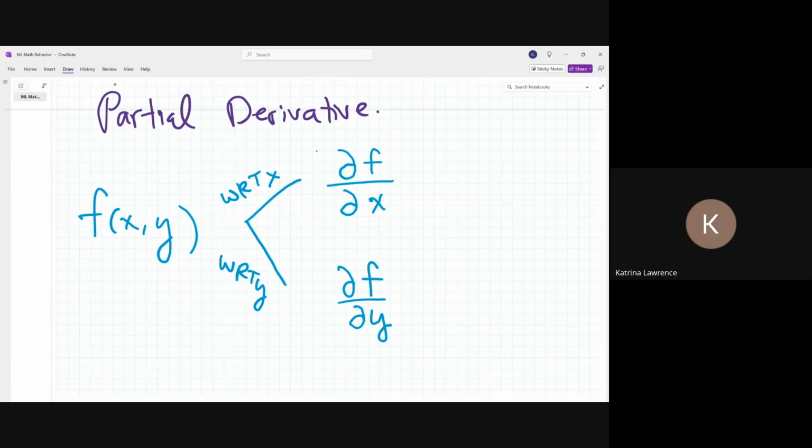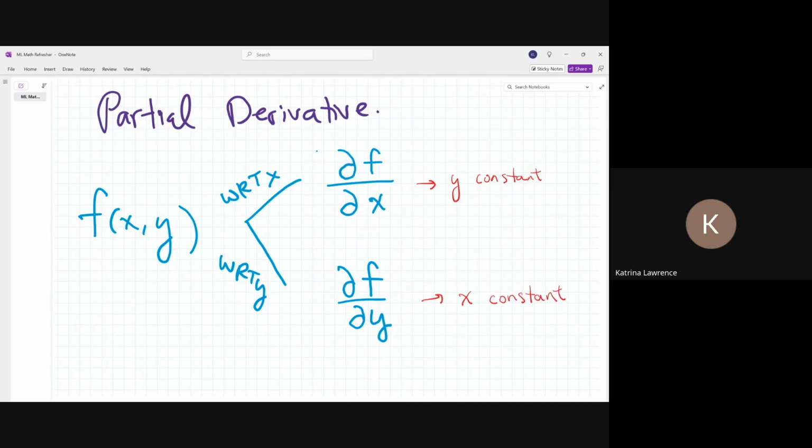But what's interesting in this case is what happens to the remaining variable. So what about y? When we're differentiating with respect to x, we treat y as a constant value. And then likewise, when we're differentiating with respect to y, we're going to be treating x as a constant value.